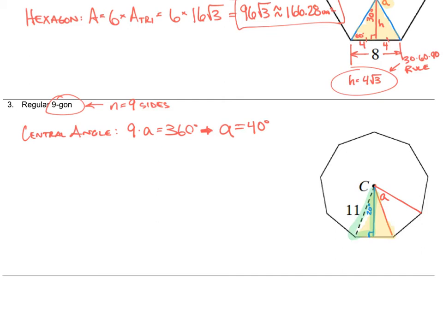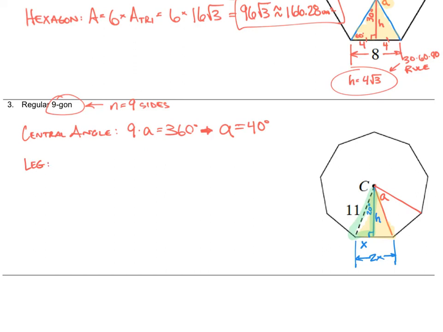So what I need to do is I'm going to label some parts here. I'm going to call this X. I'm going to call this H. And I want to remind you that the base of that central triangle is going to be 2 times X. Okay, so let's now analyze that central triangle. And we're going to do that by first looking at the leg. Okay, so I have this 20-degree angle.